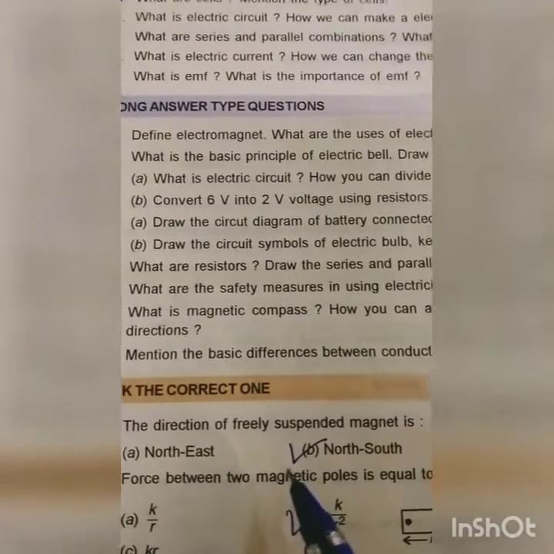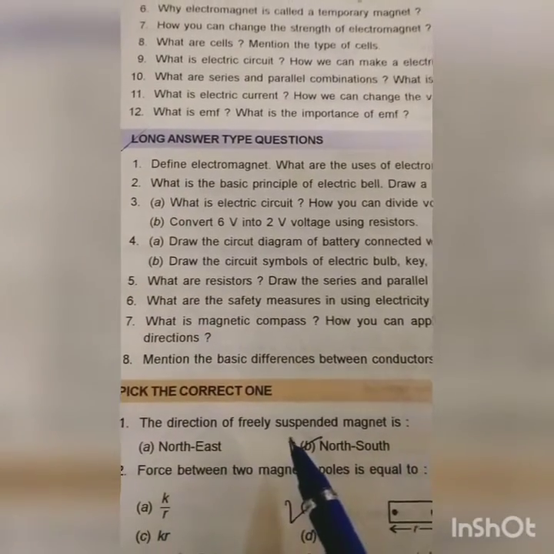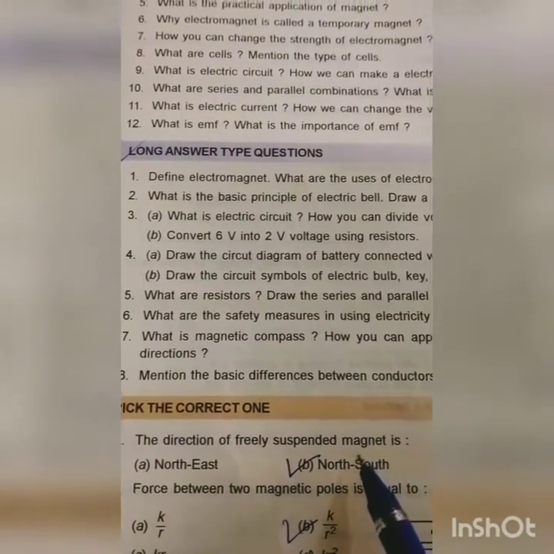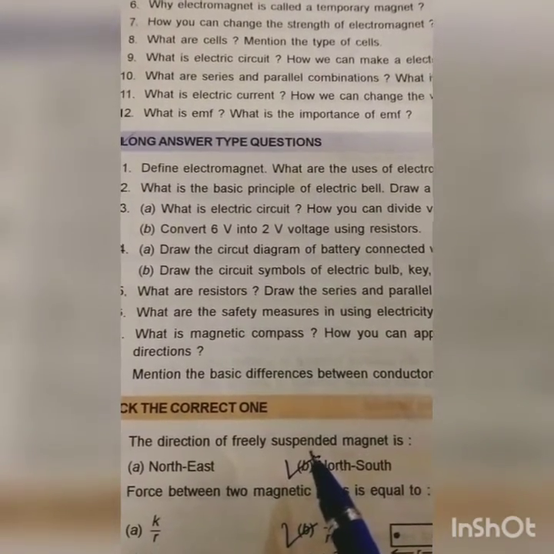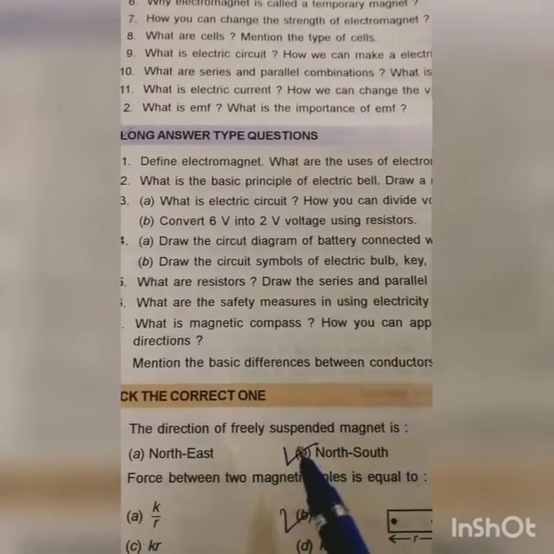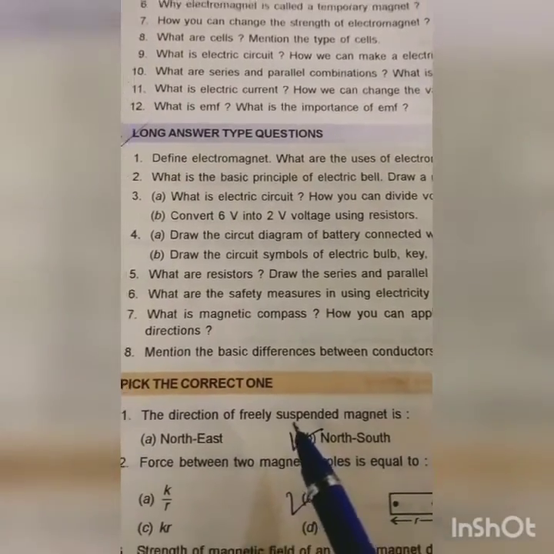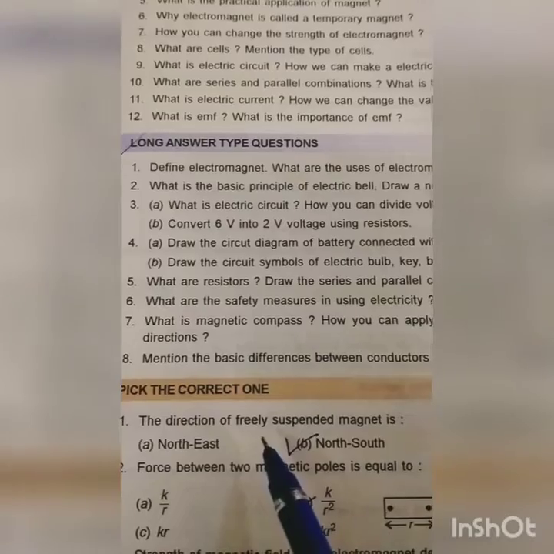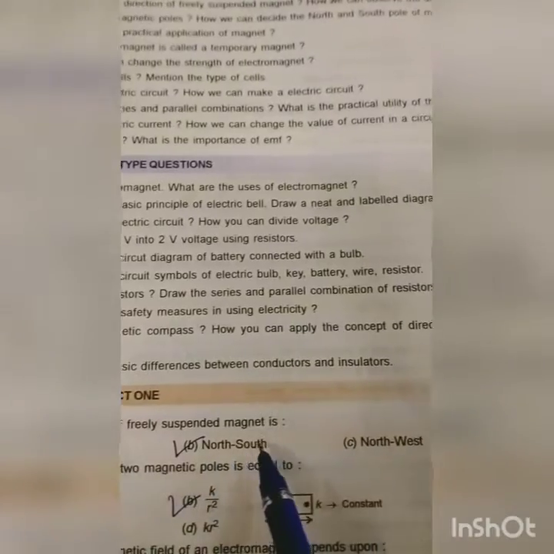So look here. Okay, now, first one. The direction of a freely suspended magnet. Now if you suspend a magnet, that means if you tie a bar magnet from the center or the middle of it so that it balances and hold it, then it moves and it will stop in a direction of north and south.